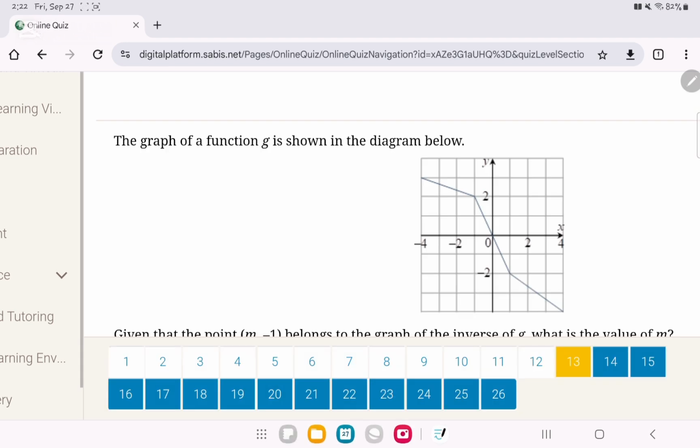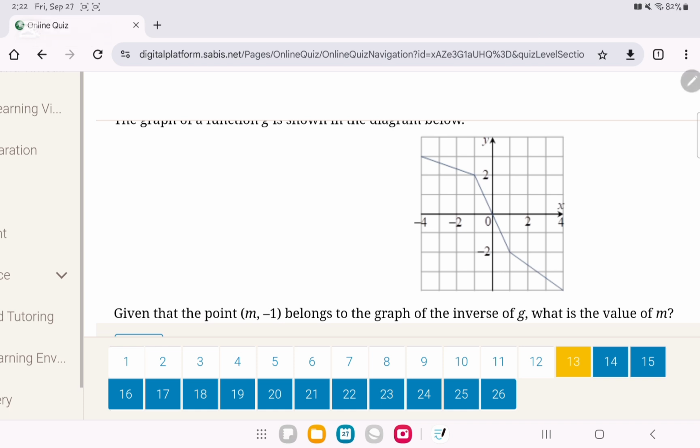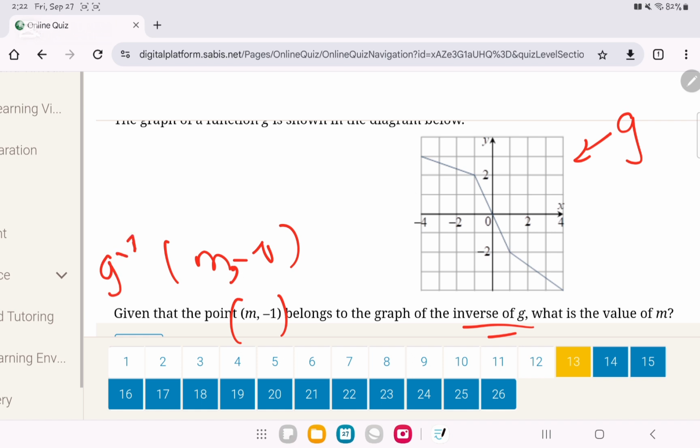Question number 13 is a similar concept. We're going to do it for more practice. (M, minus 1) belongs to the inverse of G, and this is G. How about G then? We need to find G. So we're going to take the opposite. It's going to be (minus 1, M).